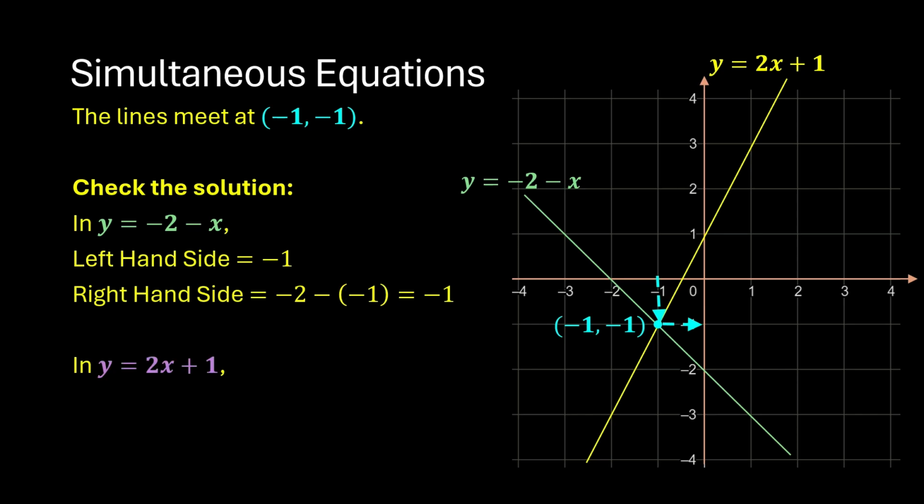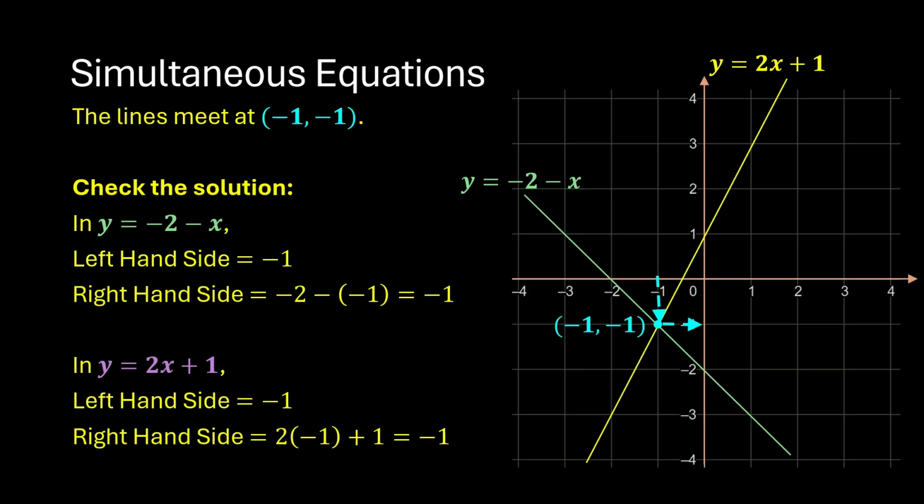In y equals 2x plus 1, the left-hand side equals minus 1, it's just y, and the right-hand side equals 2 times minus 1, which is our value of x, plus 1, which equals minus 1. So for the first equation and the second equation, we can check that the solution is correct.